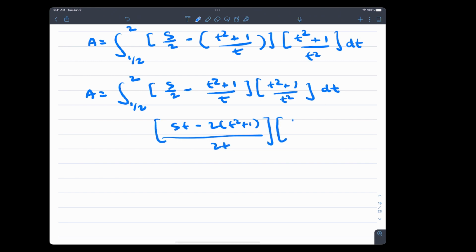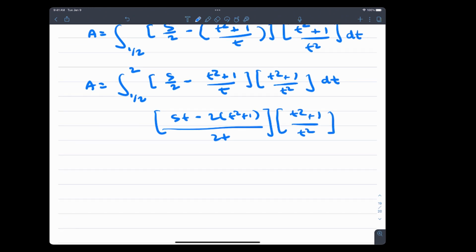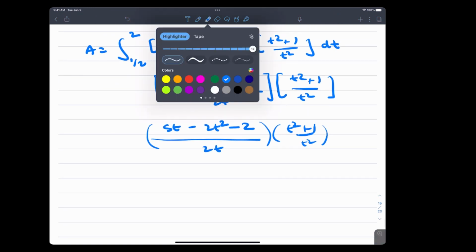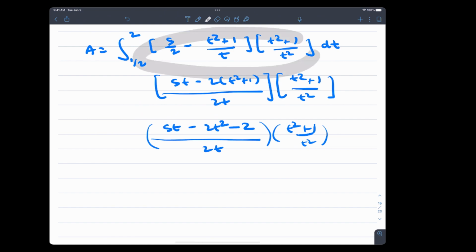And you have that t squared plus 1 over that t squared. 5t minus 2t squared minus 2, it looks like, over 2t. T squared plus 1 over that t squared. So you're going to start to do the algebra right up in here. That's what I mean.